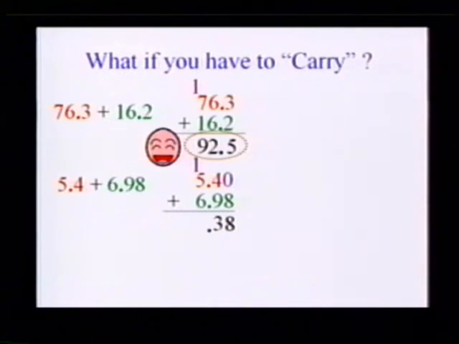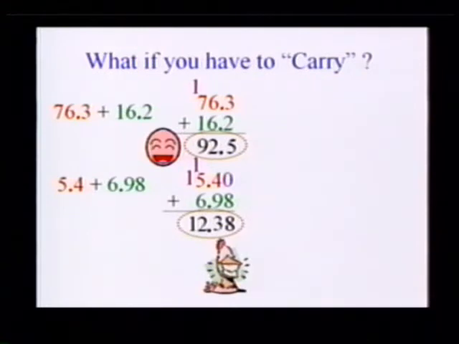Okay, now, we're going to have a lot of carrying here. 1 and 5, 6, that makes 12. So I put the 2 and I carry the 1. And he has nobody to add to. So that's about the worst that can happen here. I got 12 and 38/100ths. And it's not that hard.